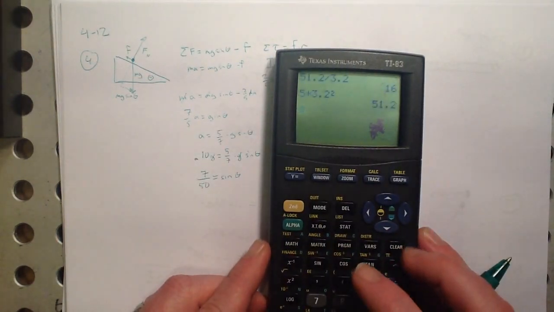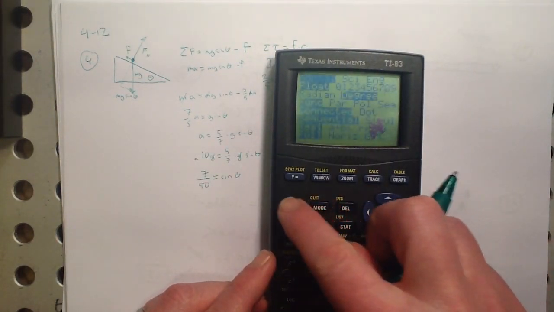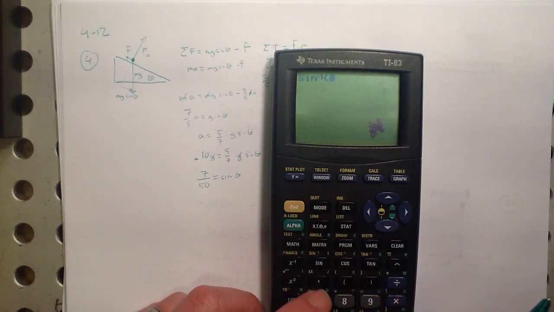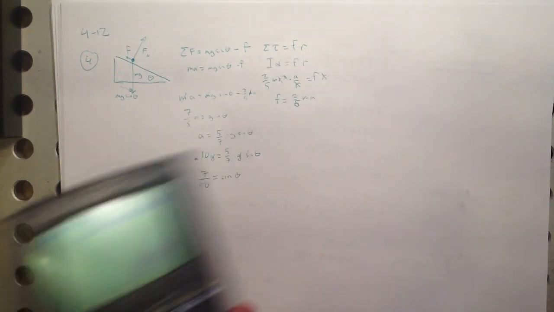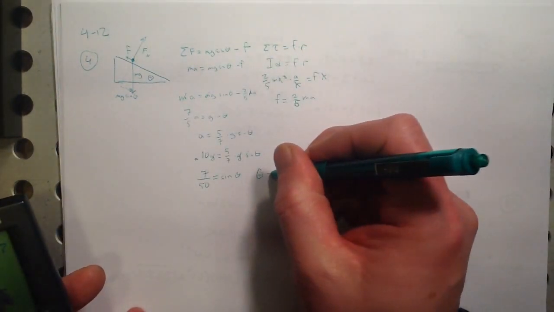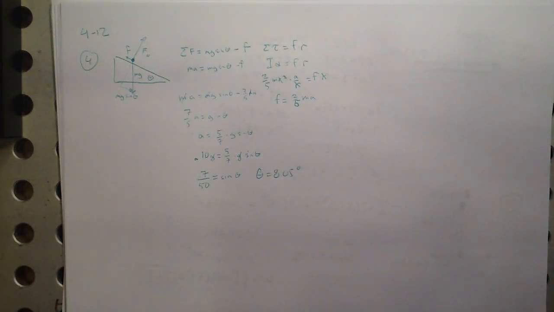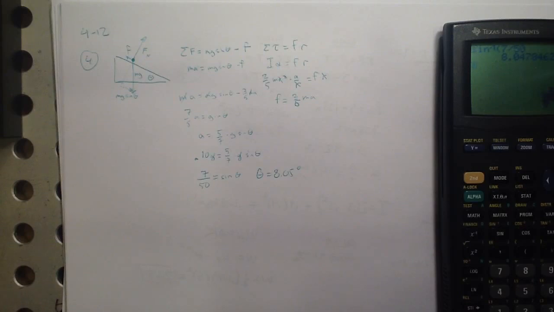So that means my angle is the sine inverse of 7 over 50, which is about 8.05 degrees. And that's the answer for part A.